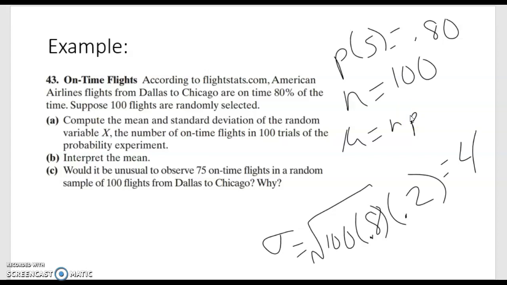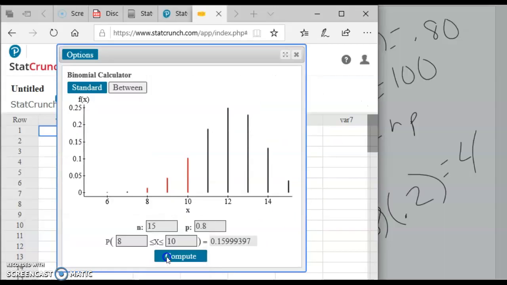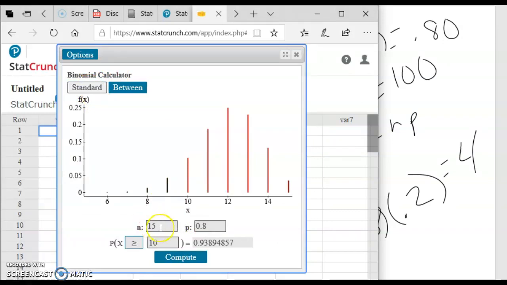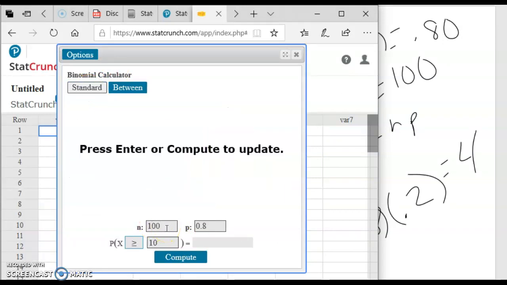C is asking us, would it be unusual to observe 75 flights on time for this? So we need to find the probability that X is going to be equal to 75. We're going to go back to the standard calculator. In this case, our N is 100.